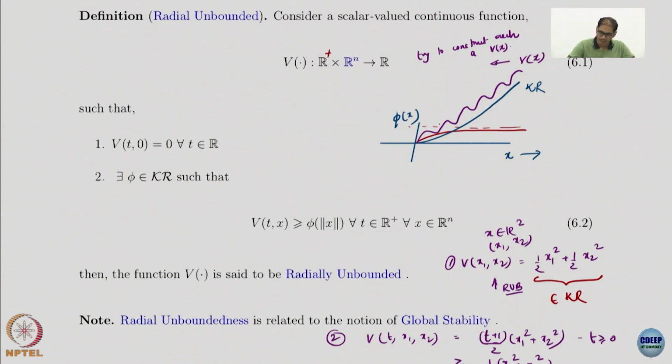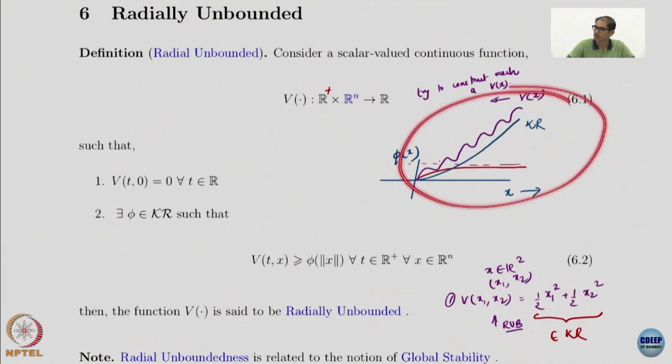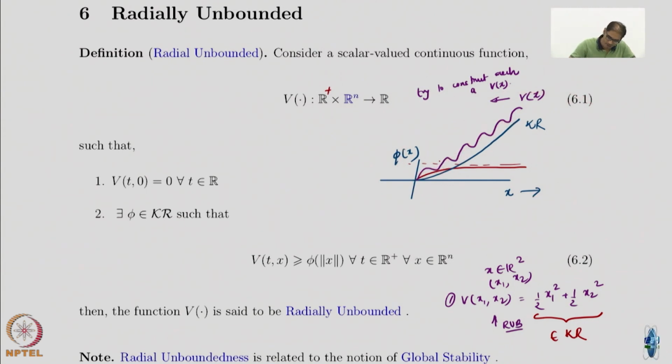Now a slightly different picture: V is allowed to be oscillating, no problem, oscillating V is fine, but it has to be above this class K_R function. Therefore, as you can imagine, as x goes to infinity, V(t, x) also goes to infinity, because it is always above this guy.